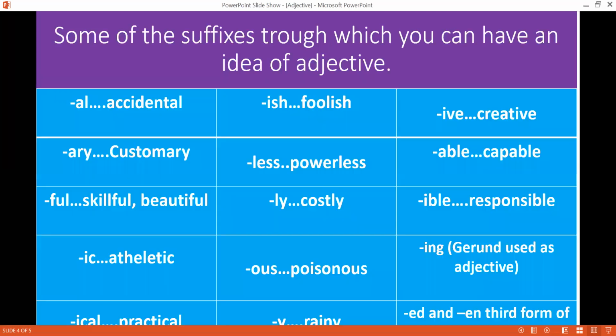Now we may see some suffixes which make it easy to recognize adjectives.